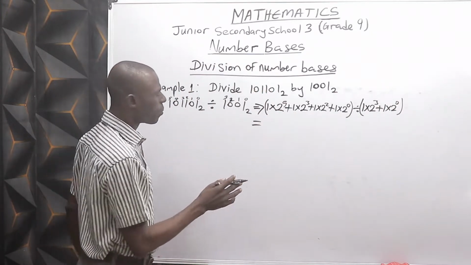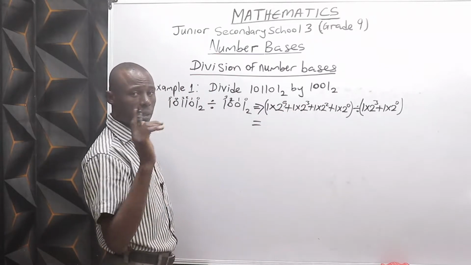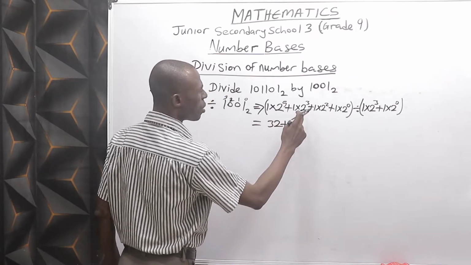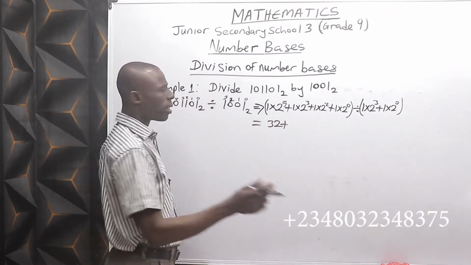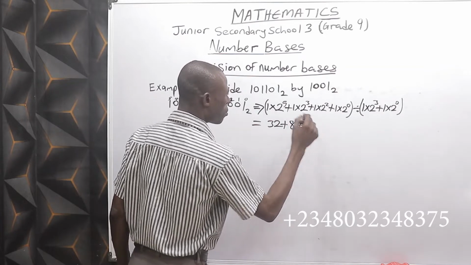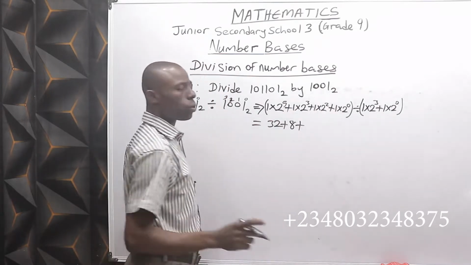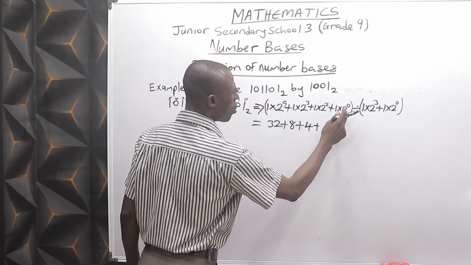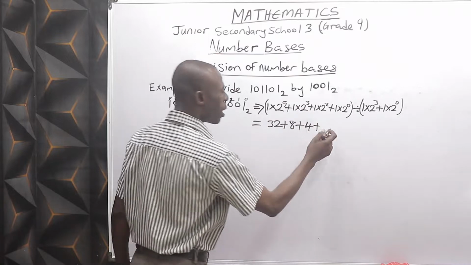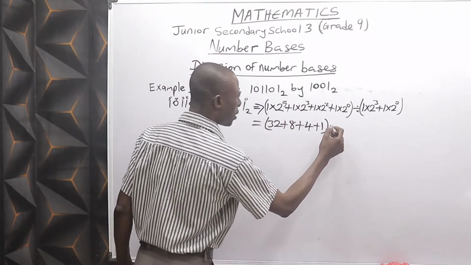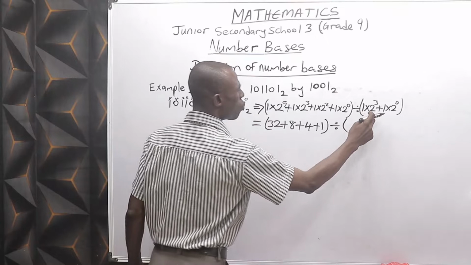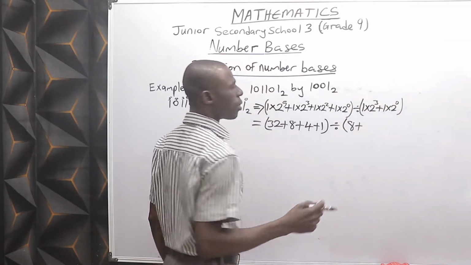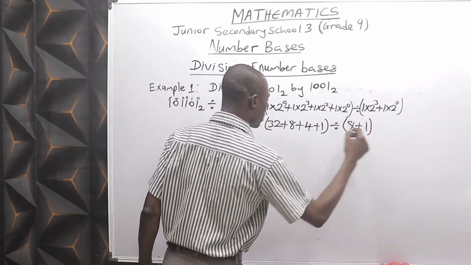Be careful with it. 2 raised to power 5 is 32. 32 times 1 is 32 plus 2 raised to power 3 is 8. 8 times 1 is 8 plus 2 raised to power 2 is 4. 4 times 1 is still 4 plus 2 raised to power 0 is 1. 1 times 1 is 1, divided by 2 raised to power 3 is 8 times 1, 8 plus 2 raised to power 0 is 1 times 1 is 1.